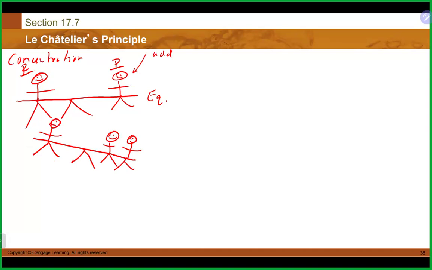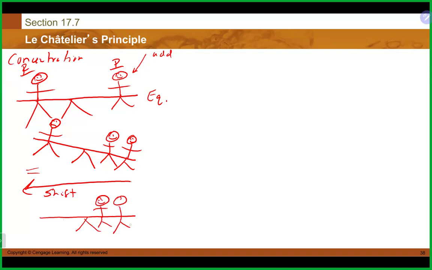And now we can clearly see we are no longer in equilibrium, right? We have a lot more products than we do reactants in this particular case. So to fix this and get back to equilibrium, we actually need to put more people on the left-hand side. So it's going to shift away from where we added and go towards the left-hand side. And now we're going to get back to equilibrium.